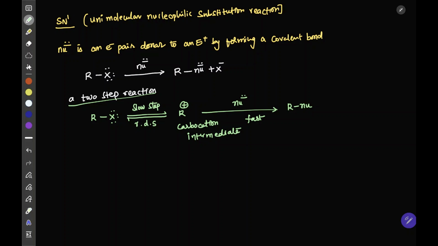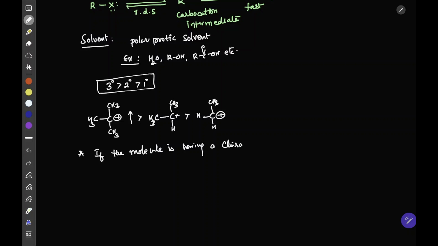Since a carbocation intermediate is formed, consider the case where the molecule has a chiral center. What is meant by a chiral center?